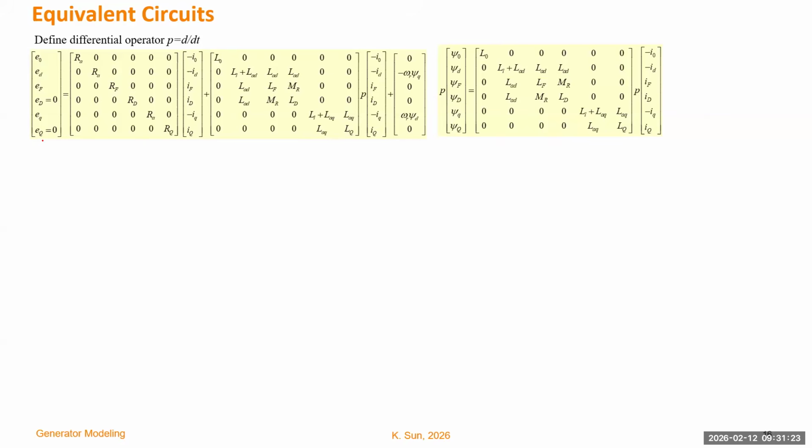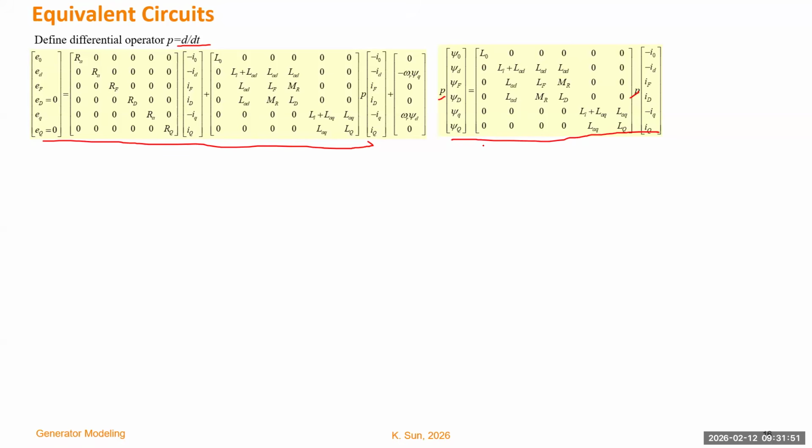We put the voltage equation here, together with the flux linkage equation. For the flux linkage equation, we multiply by P. P here is the differential operator, so it is basically just the first order derivative, just to make our expression simpler.